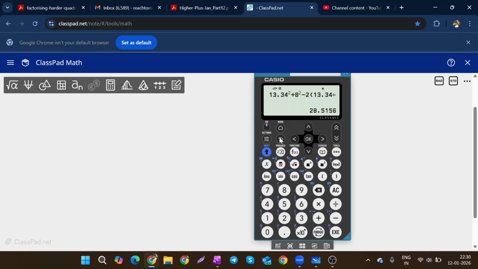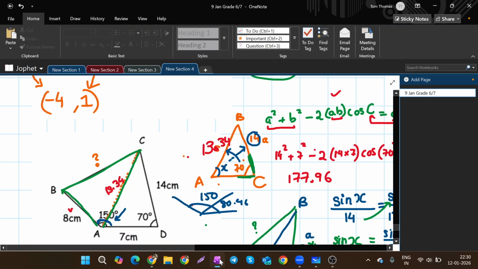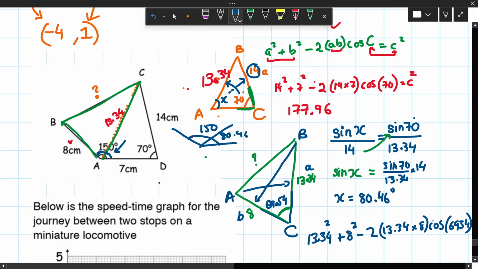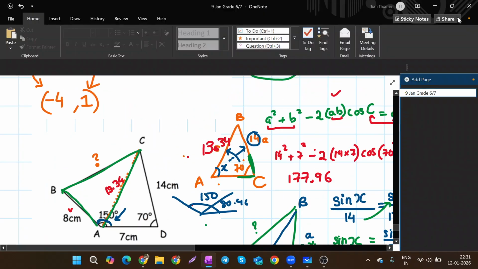Oh no, I need to go back, because I forgot the cosine. I was thinking, yeah, that looks a very small number. You need to have a bit of intuition to know if you've done that wrong, because obviously 28 does look really small. So cosine 69.54.